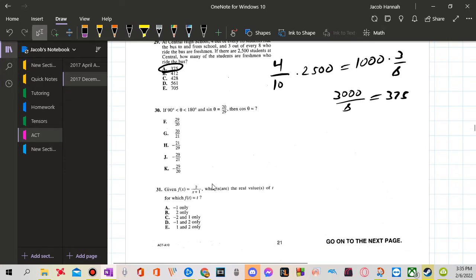If 90 degrees is less than theta, and 180 degrees is greater than theta, and sine of theta is equal to 20 over 29, then what's cosine of theta? So for this one, alrighty, use that inverse sine function. Make sure your calculator is in degrees.